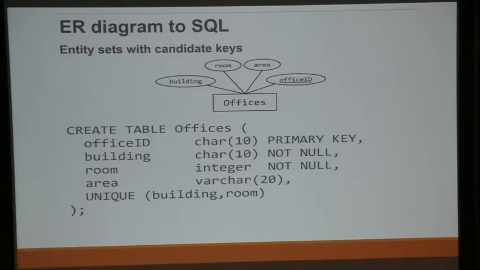The primary key is always underlined, which is over here. So that's a primary key, and this is written as a column constraint. You can also write it as a table constraint down here. So primary key, office ID.